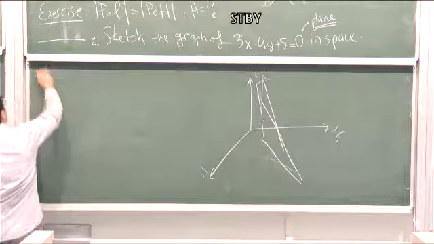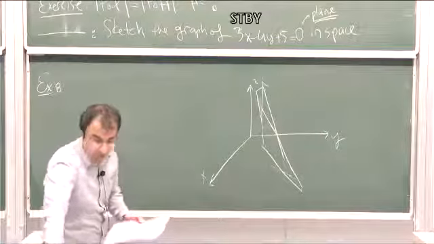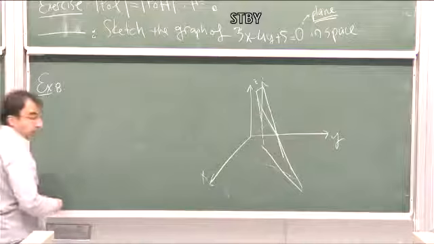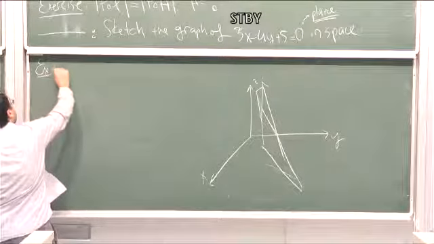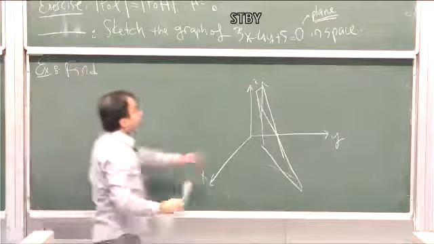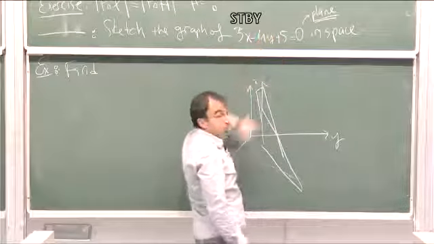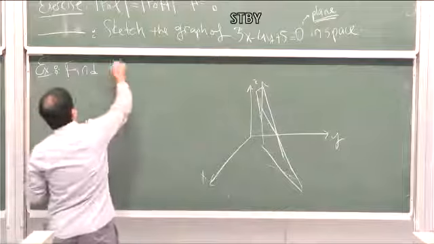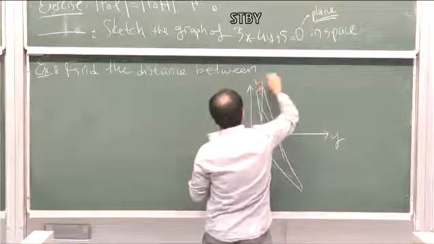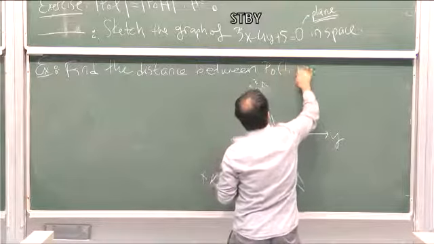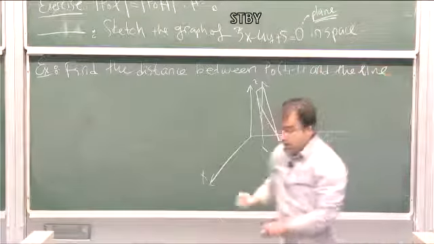All right, let me take one more example. Find the distance between the point P0 (1, -1) and the line L. This time I'm going to give the line in vector equation, with parametric equations.